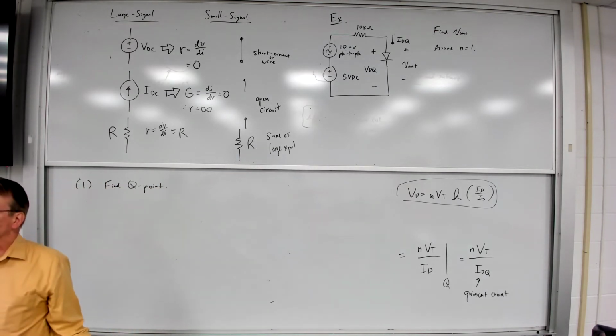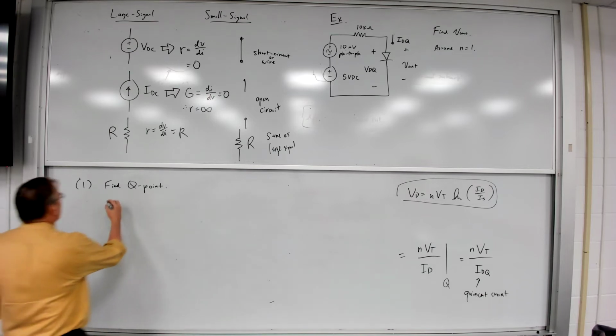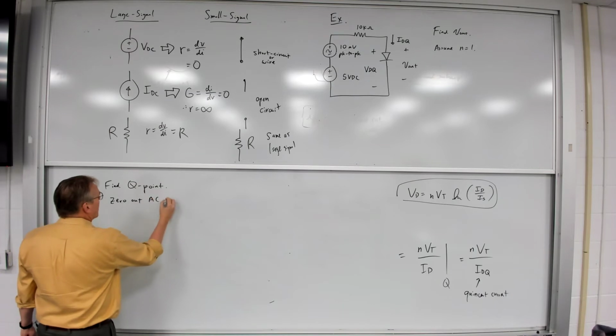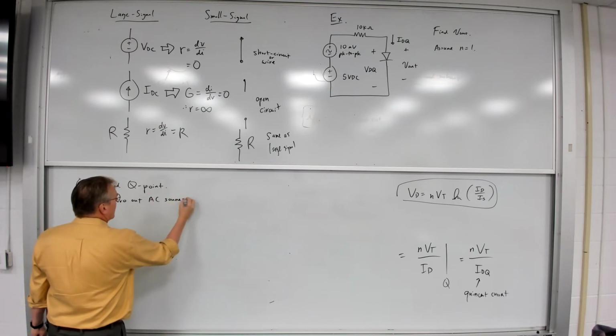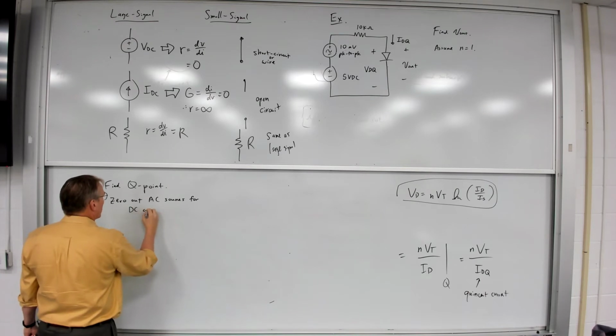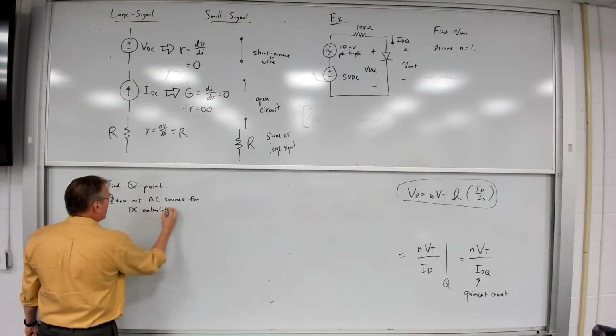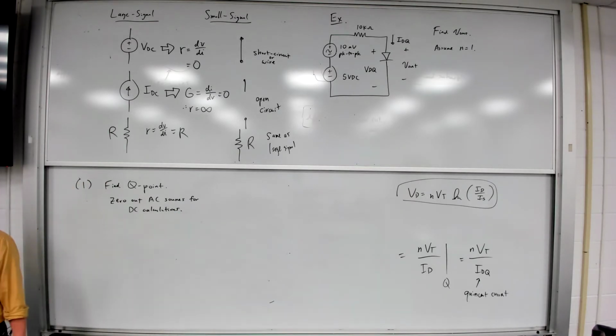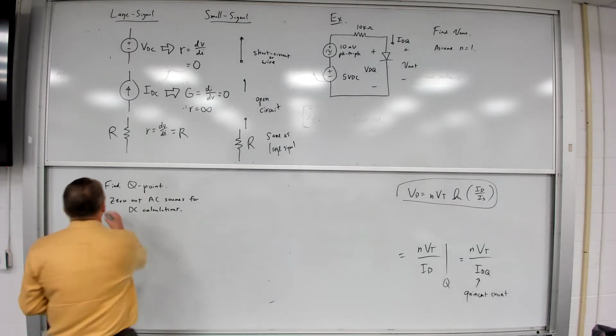I'm going to use superposition. As you're going to see, we're going to use superposition a lot, where we zero out AC or sometimes DC sources and just ignore them while we're doing the calculations for the other domain. So we do that first.